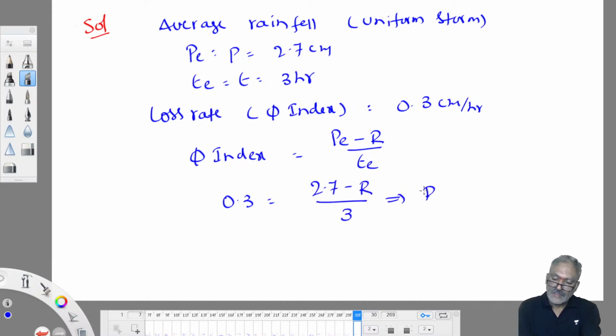From this, R is equal to 1.8 centimeter, that is the runoff.